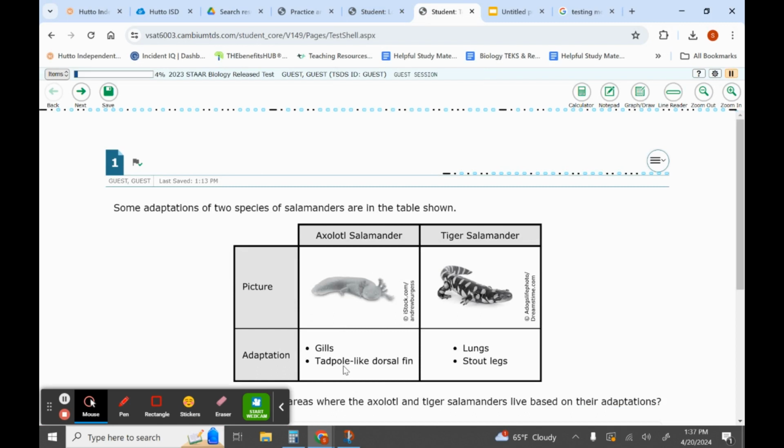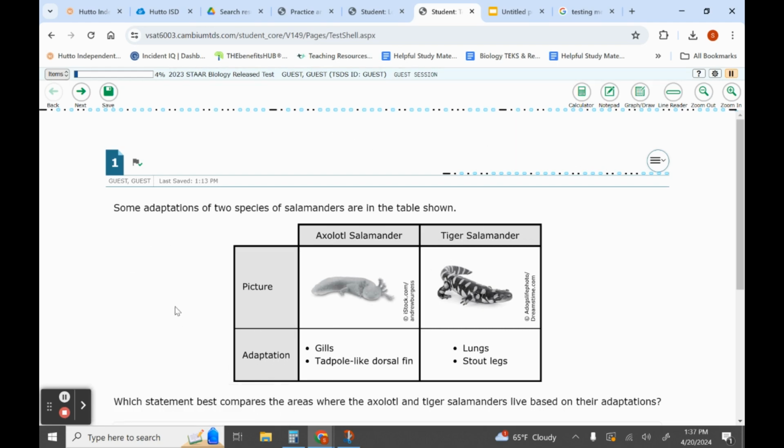This is actually the STAAR test from last year that was released. And here are the questions. This is similar to what you should see when you're going through the test as far as the layout of the different tools. I just want to walk you through how to use this, and then how to use the different tools and strategies we can use.